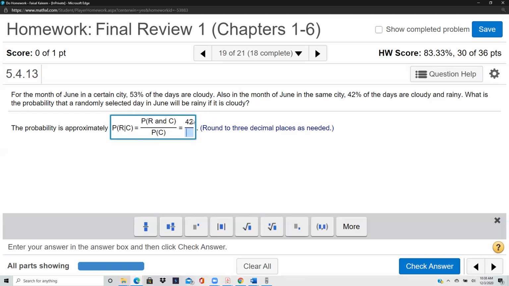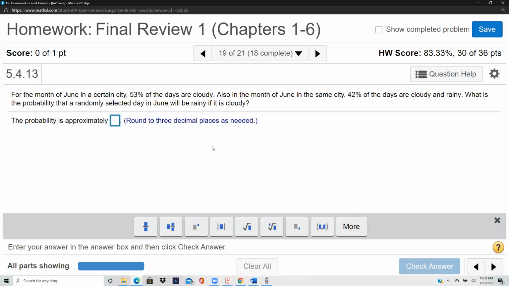Since both have 0.42 and 0.53, I basically shifted both decimal points to the right, which gives the same thing, and I just divided them. So whether you do 42 by 53 or 0.42 by 0.53, you get the same. Yes, 792 is what I got. Okay.